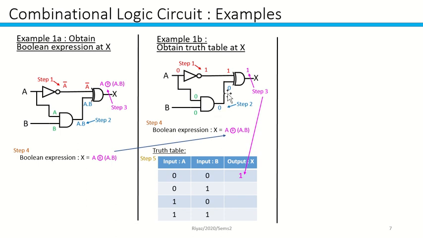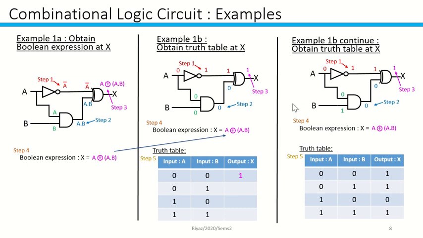This 0 goes here, and with 1 0 going through the exclusive OR gate, you get 1 because it's a different input. So you put your step 3 answer as the step 5 answer over here, 1. That is how you do it for input A 0 and B 0. You get an output of 1.